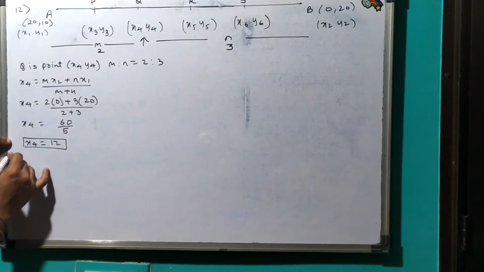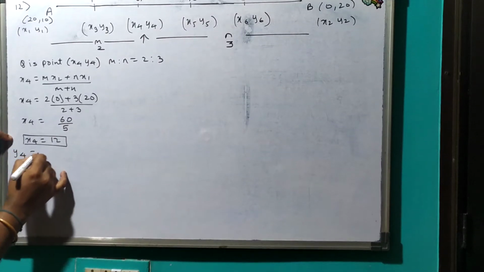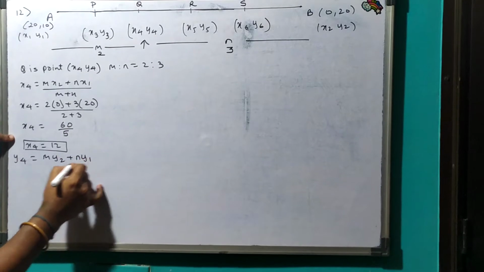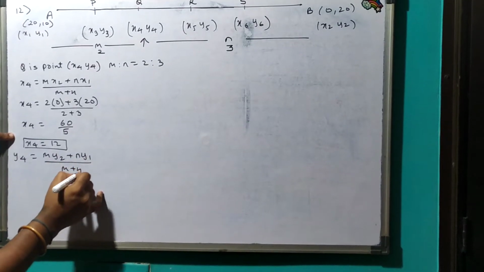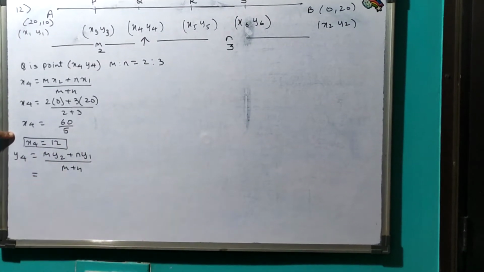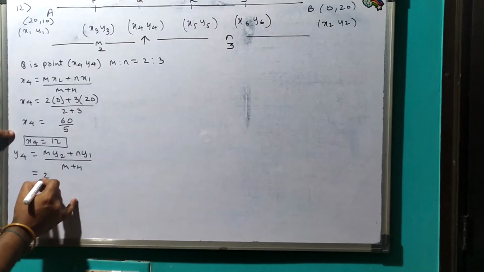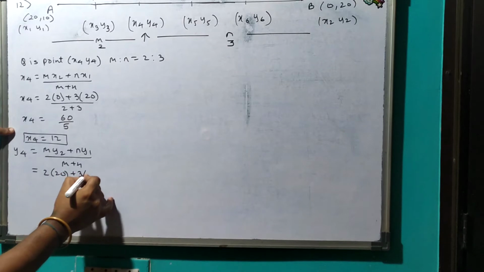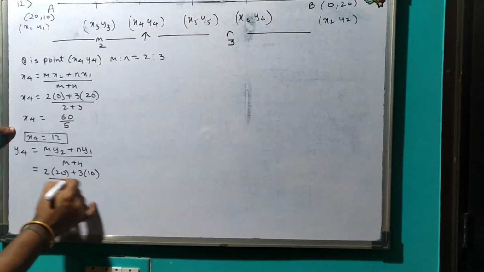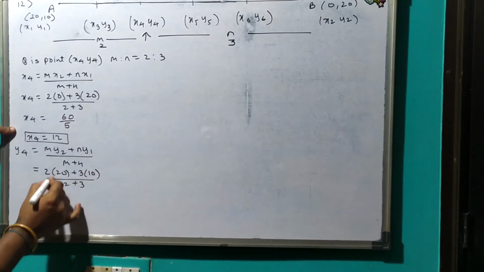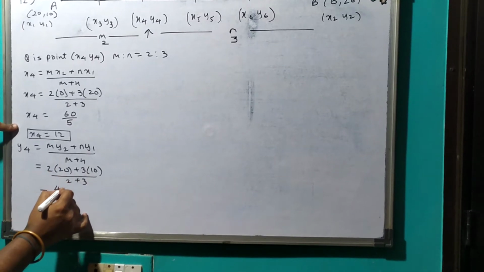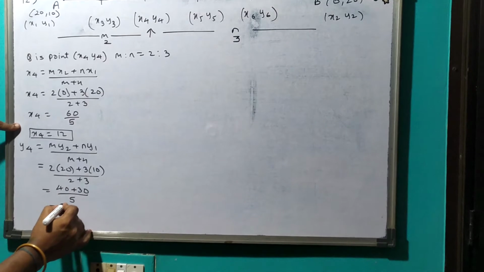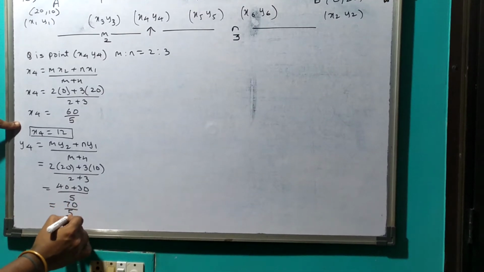Same thing can be found with y4 is equal to M y2 plus N y1 upon M plus N. y4 can be written as M, M is how much? 2. y2 is how much? 20, and 3. y1 is 10, upon 2 plus 3, that is it will become 40 plus 30 upon 5, that is 70 upon 5.